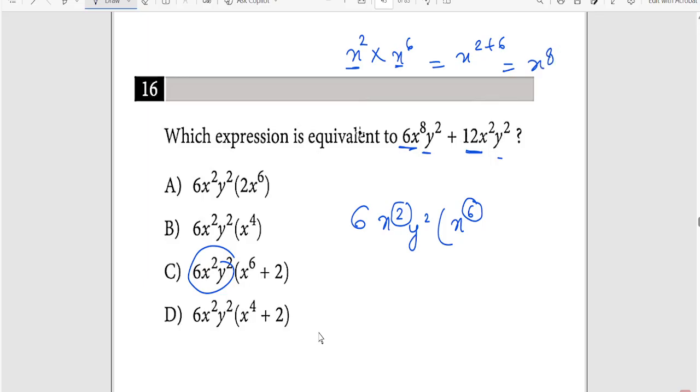So I took 2 common, so 6 is remaining. I took 6 common, so 2 is remaining because 6 times 2 is 12. I took x2 common and y2 common out, so there is nothing remaining. If you check, option C is correct, right?